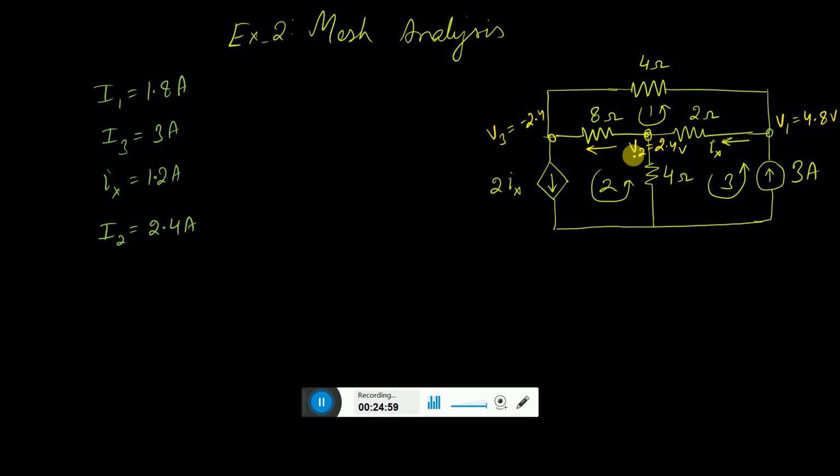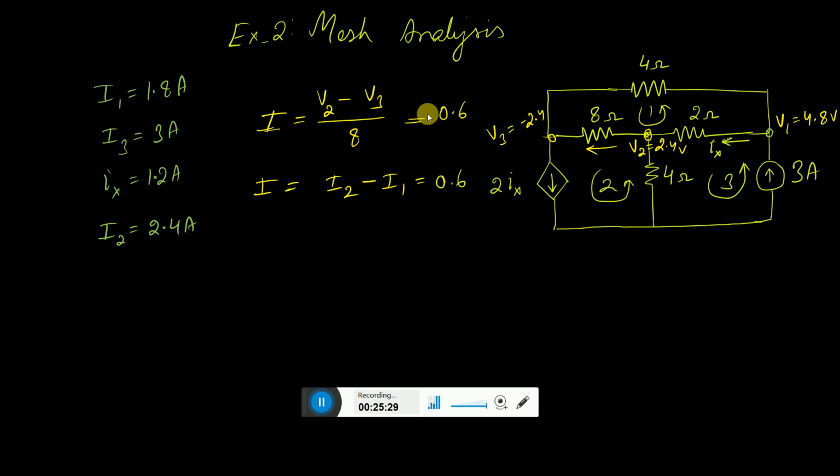The current flowing through the 8 ohm is V2 minus V3 divided by 8, and that same current I must satisfy this: I2 is a current going from right to left, and I1 is a current from left to right, so I2 minus I1. These two values must match.